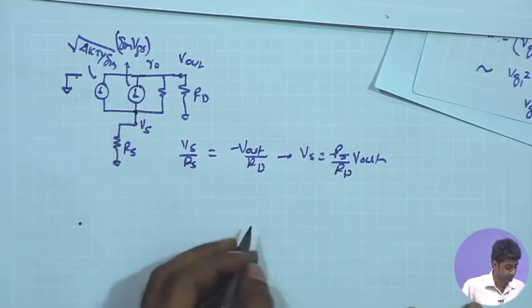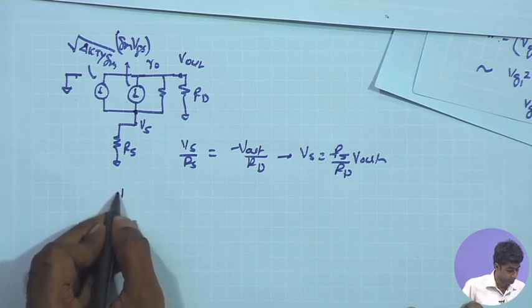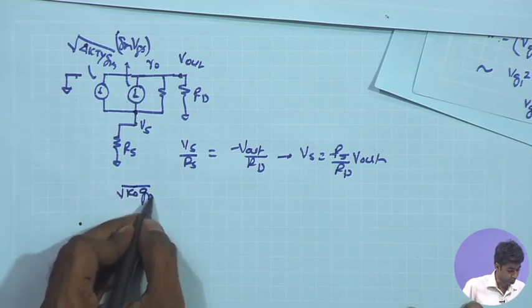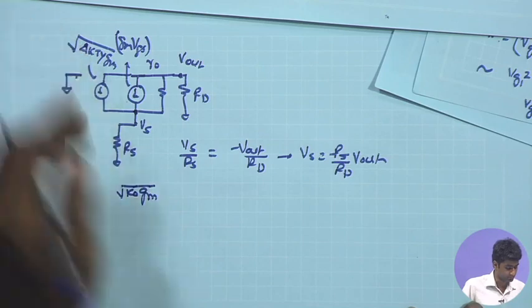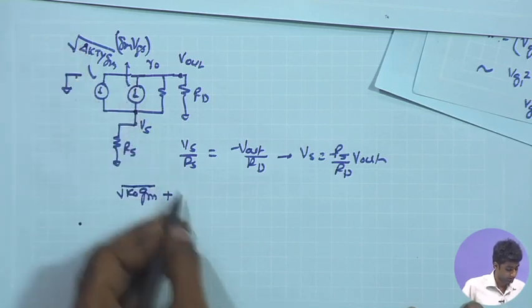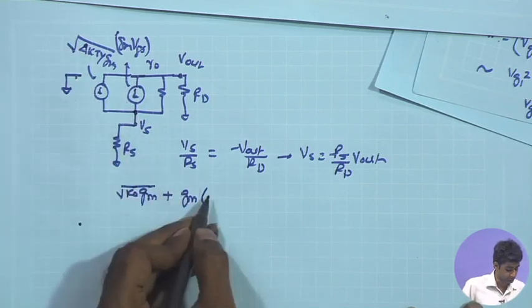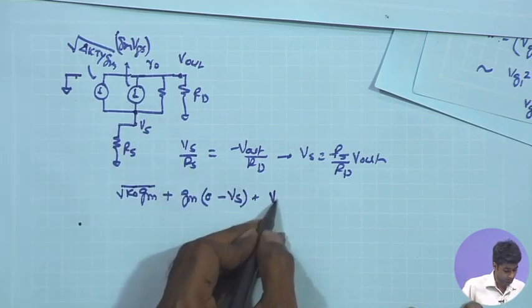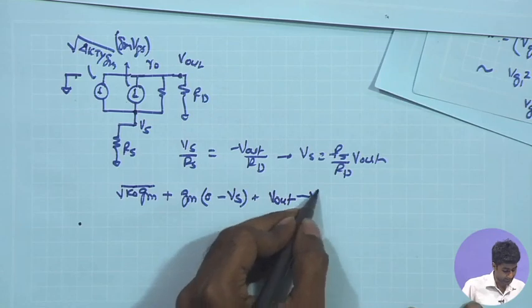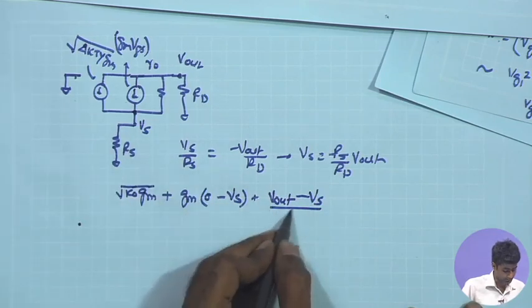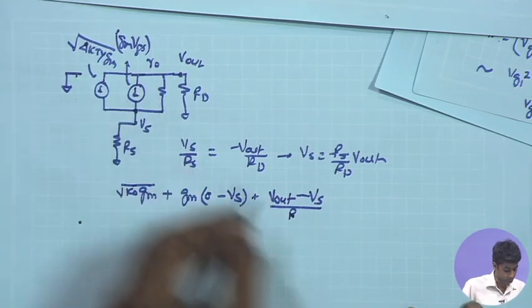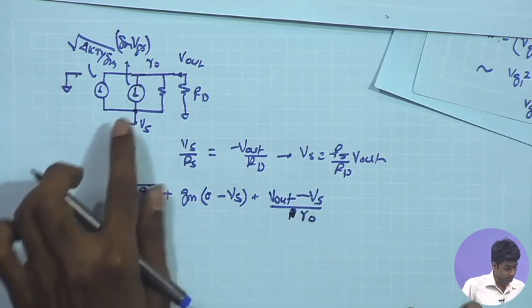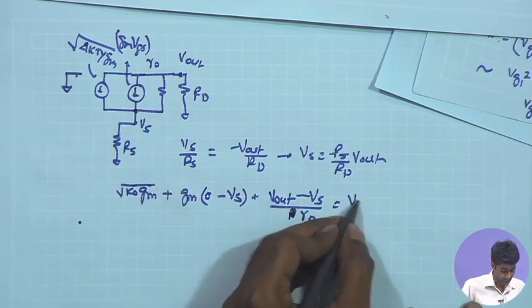Then I can write down the overall expression for the current over here, which is root under K0 times Gm, the current just dependent on Gm, plus Gm times VGS, which is 0 minus Vs, plus V out minus Vs upon Ro. This should be equal to Vs upon Rs.